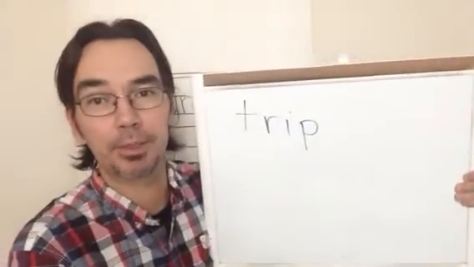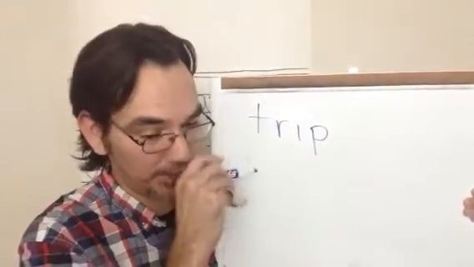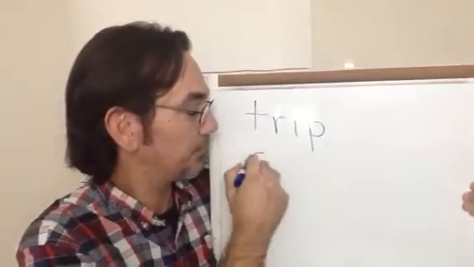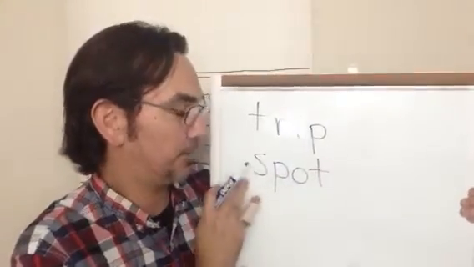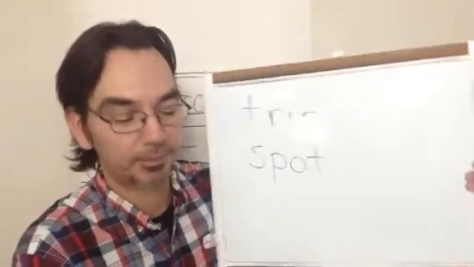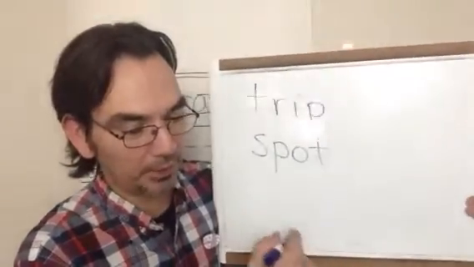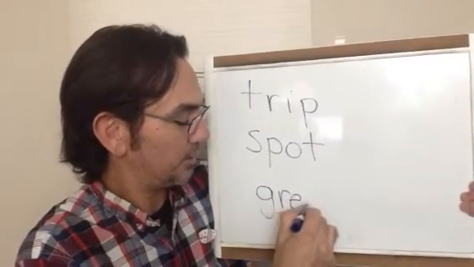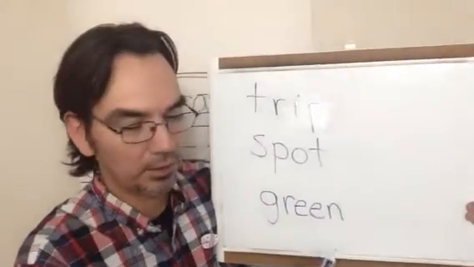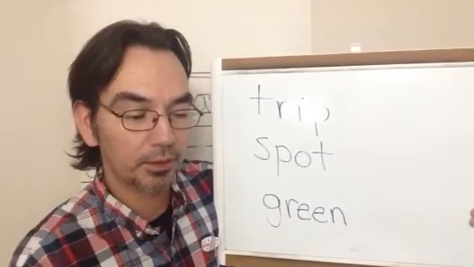T-R-I-P, trip. Next up is S-P-O-T, spot. Finally, we have G-R-E-E-N, green.